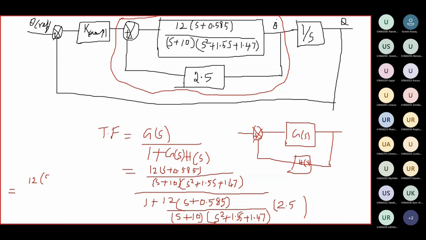Therefore we will get 12 into S plus 0.585, divided by, if we cross multiply, 1 into S plus 10 the whole thing, so we will get S plus 10 into S square plus 1.5S plus 1.47, plus 12 into S plus 0.585 times 2.5. 12 into 2.5 we will get 30.